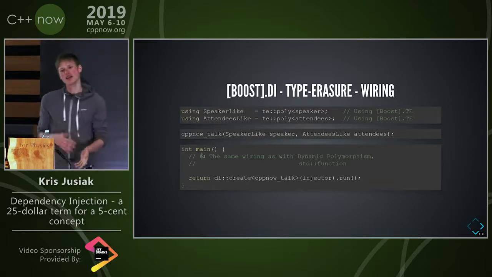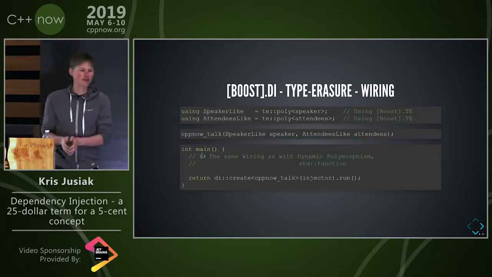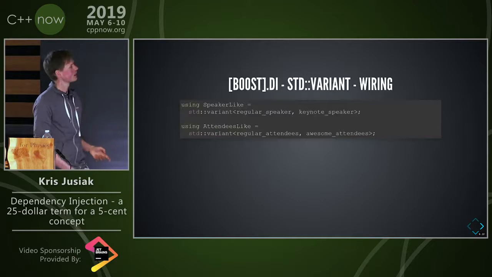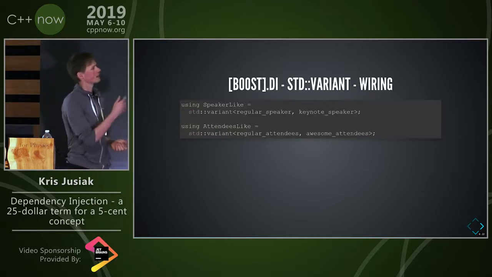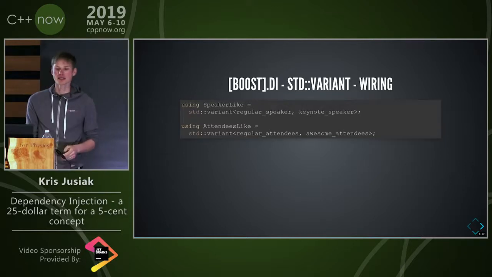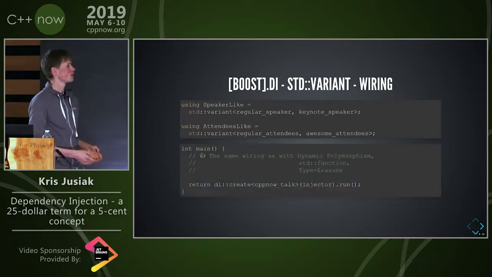We say, I want that to be a type-erased type, or that interface, or maybe a template. So a variant, the speaker-like in this case is a variant, and attendee-like is a variant as well. And we can still create the talk with the same wiring.